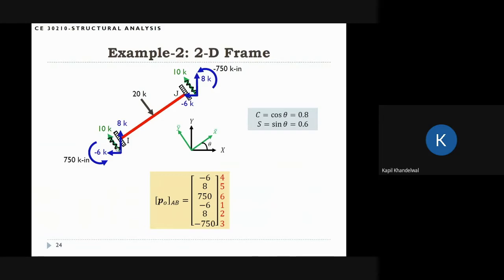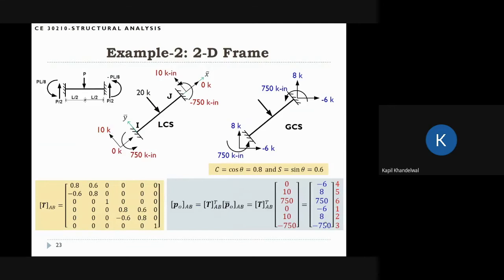The x component is actually -6 and the y component is 8, because the force was in this direction, so the x component was in the negative x direction. That's the reason I was putting a -6 here. Similarly, we were calculating the x and y components of this 10, and it turns out to be -6 and 8. That's the same calculation that we did here.